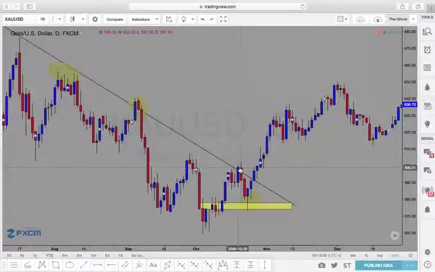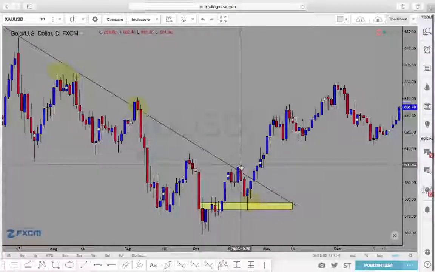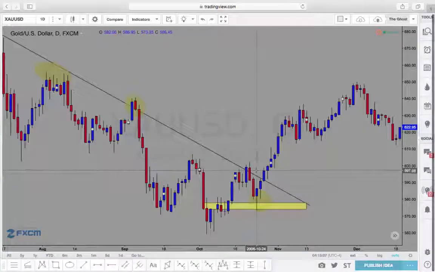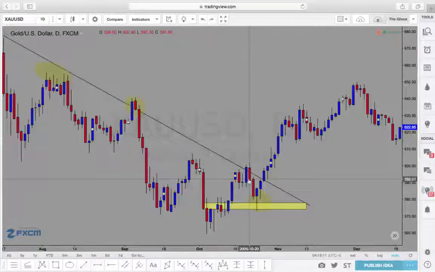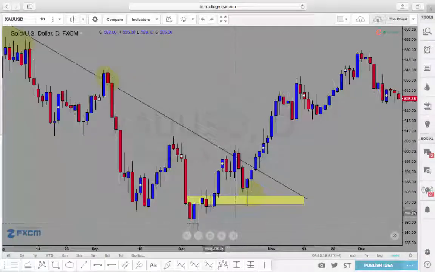The whole idea is to wait for a retest or be patient. If this doesn't look right to you or there's too much complex things going on, don't enter. If you find an area or something that makes sense within the market and understanding how they actually correlate, then enter. Everybody would have loved to enter right here on the gold against the US dollar and catch that major uptrend.